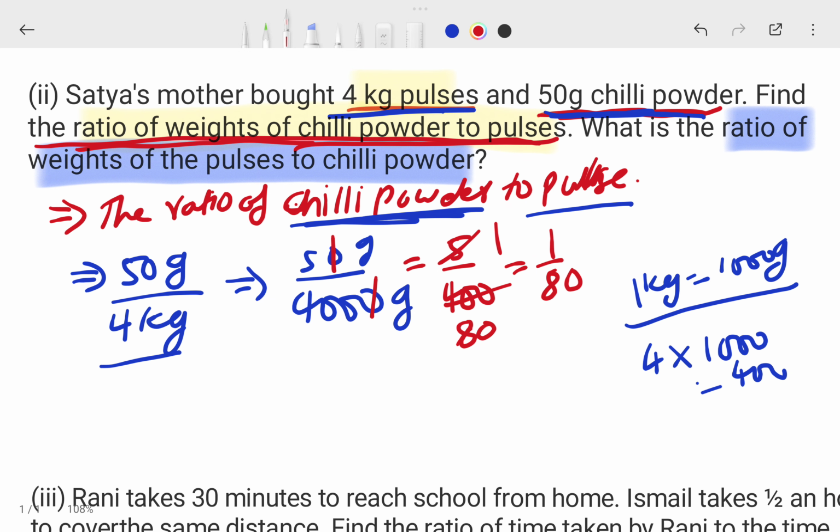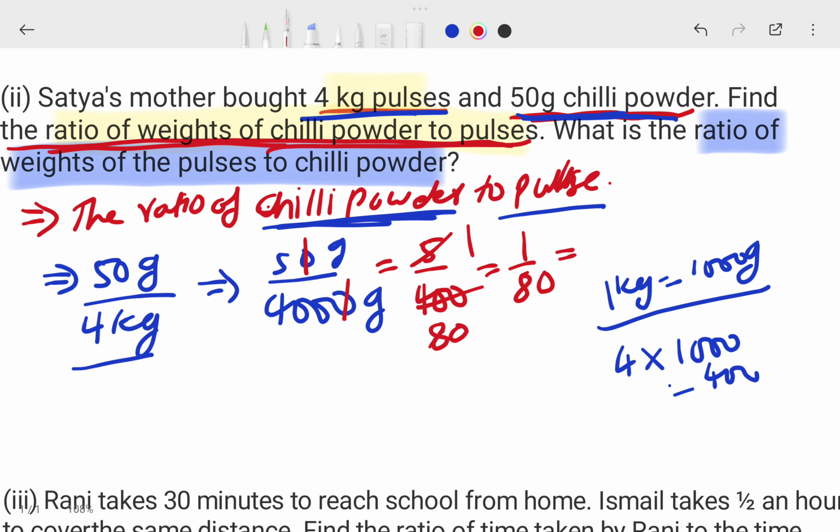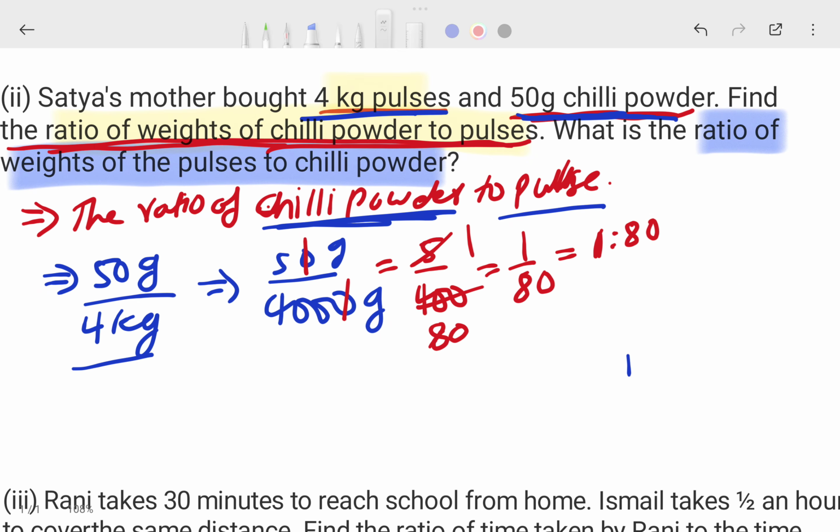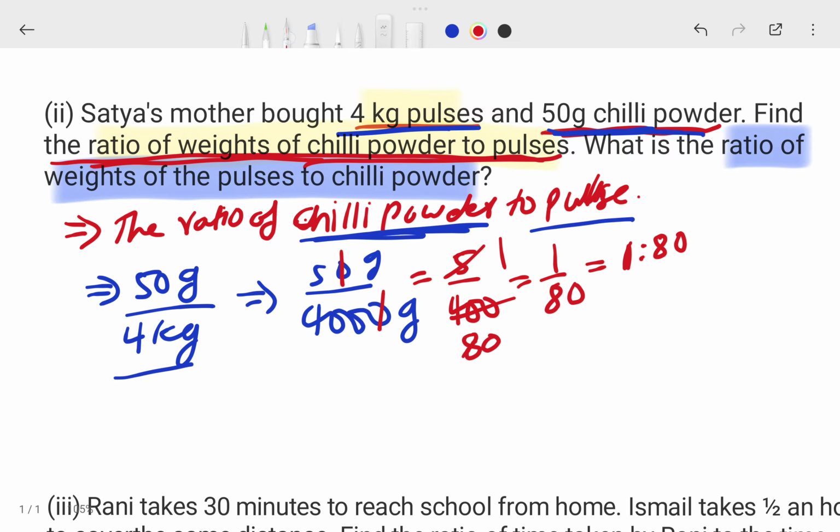So now we are writing the ratio here. The ratio is 1 by 80, which means the ratio is 1:80 only. Which ratio is 1 by 80? The ratio of chili powder to pulse.